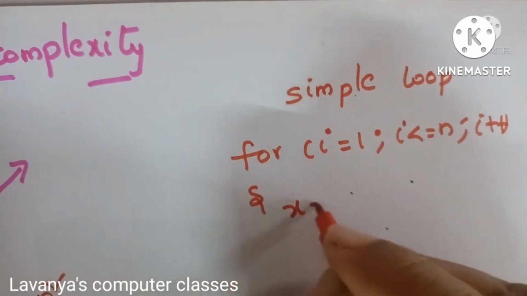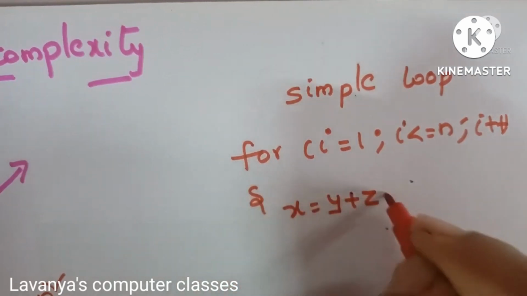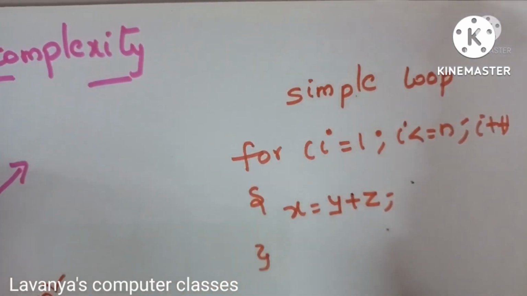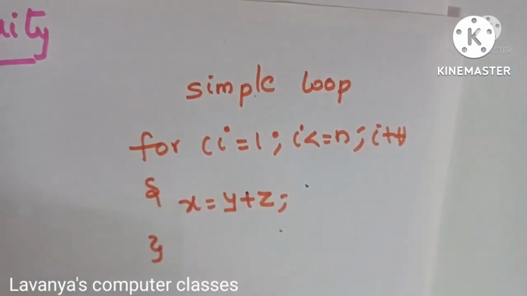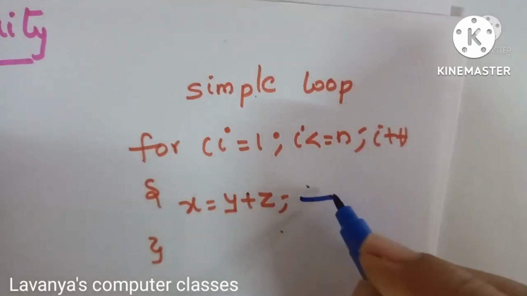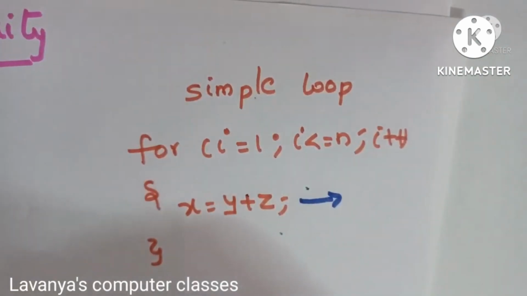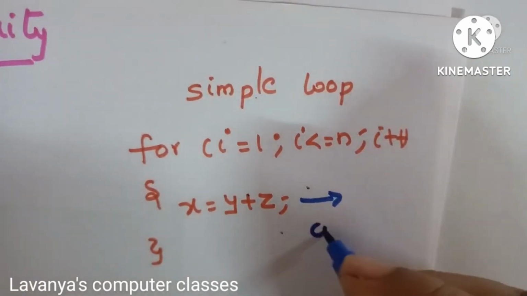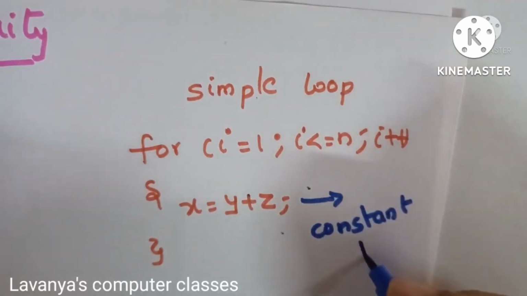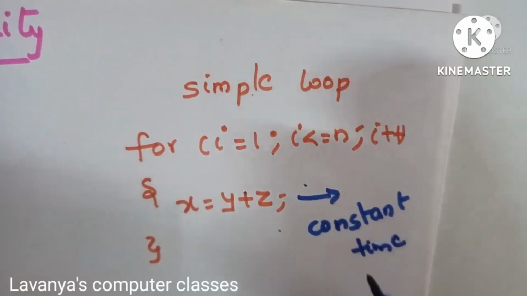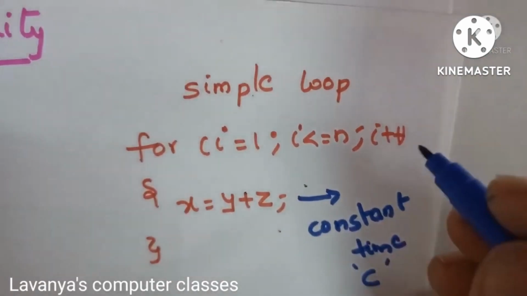In this I want to execute only one line, x equal to y plus z, then close the loop. How much time is required for executing this? That is called time complexity. Inside the loop only one line is there. That line is executed in constant time, so we take it as C.